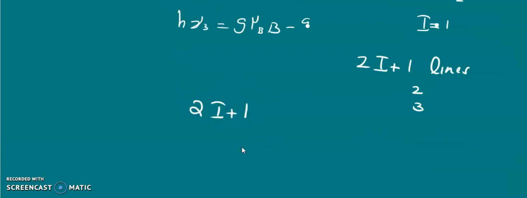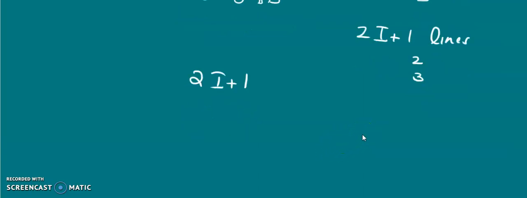So if an arbitrary nucleus with spin I interacts with an unpaired electron, then there will be 2I plus 1 lines in the ESR spectrum. For example, if I equal to 3 by 2, then there will be 4 lines. If I equal to 2, then there will be 5 lines. Okay, thank you.